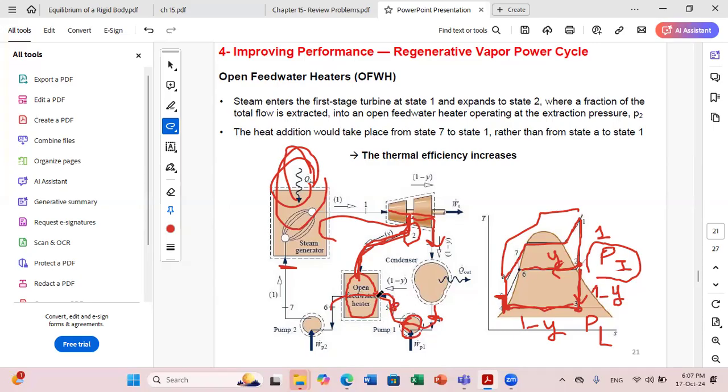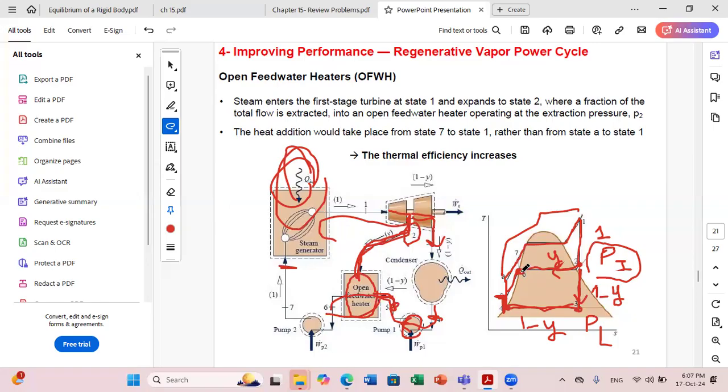When we mix them, we'll be able to heat the fluid exiting the pump from state 5 to state 6. In general, in the open feed water heater, we can heat up to this saturated liquid point. So T6 is larger than T5 and smaller than T2.